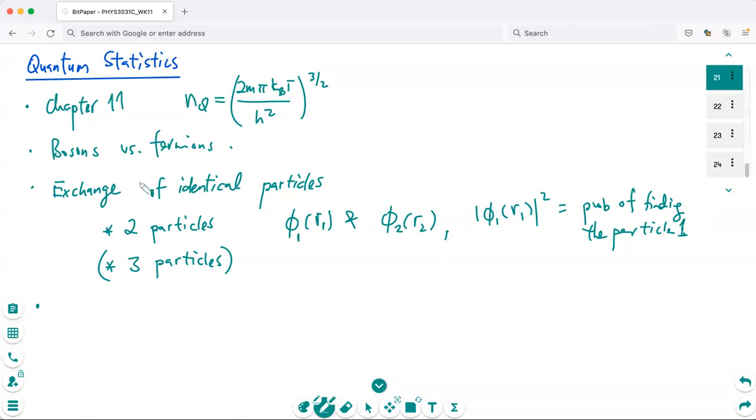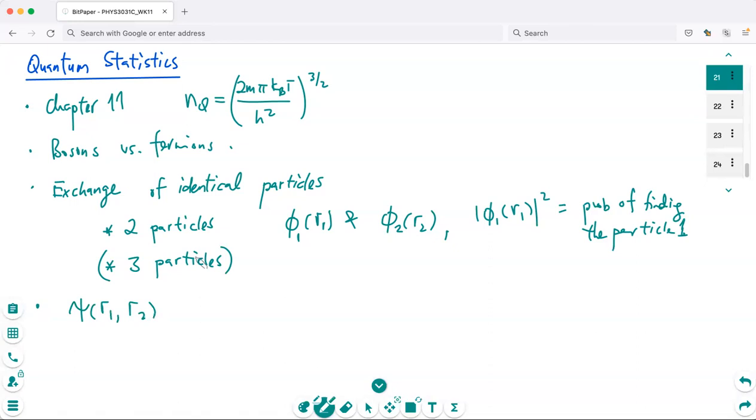I will call this the combined wave function, and it depends, of course, on both R1 and R2. So I will have R1 and R2. This wave function is the wave function for this combined system.